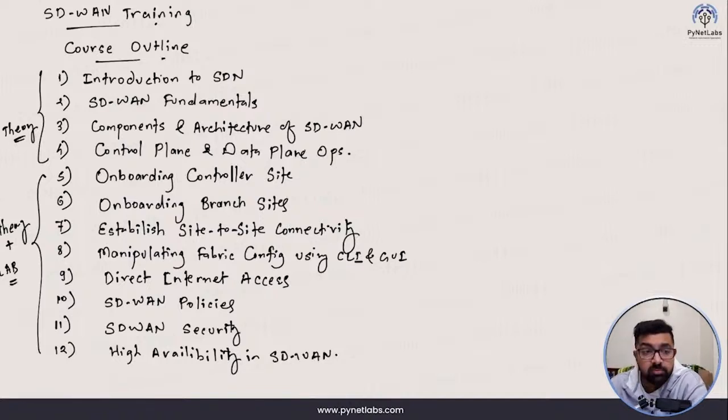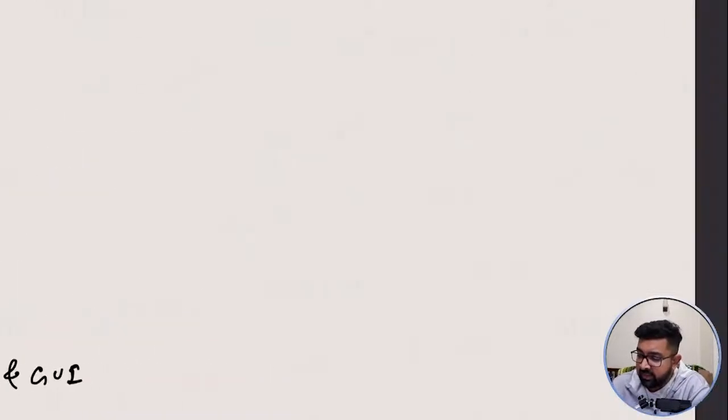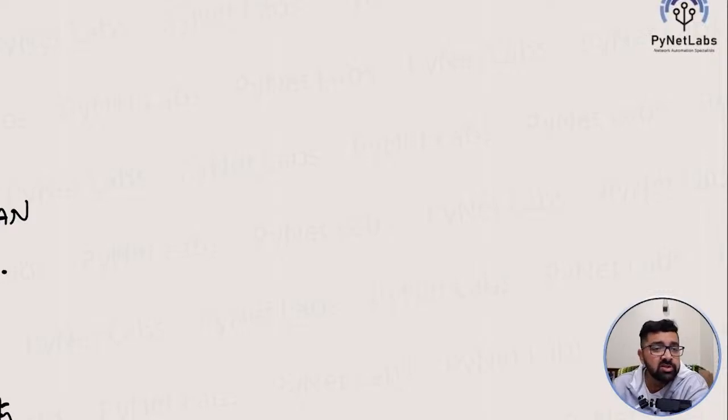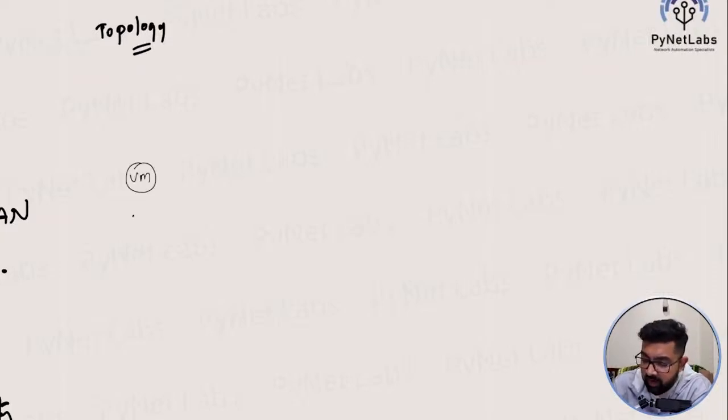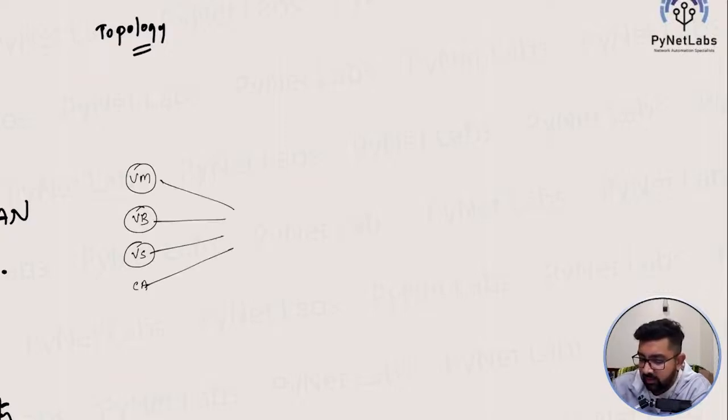Now, how the lab is going to be implemented: we're going to have various types of sites in our lab topology. We're going to build up a topology where we have vManager, vBond, vSmart, and a certificate authority server, and all of these devices are connected to a layer 3 switch.